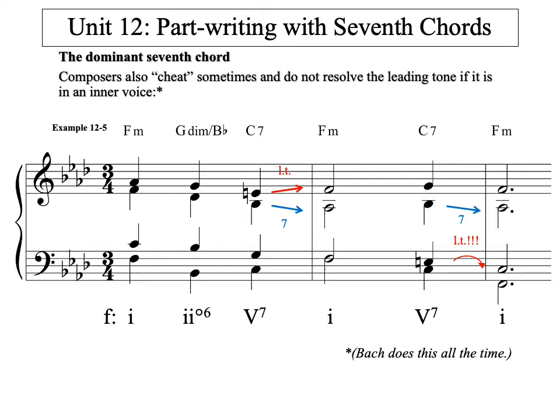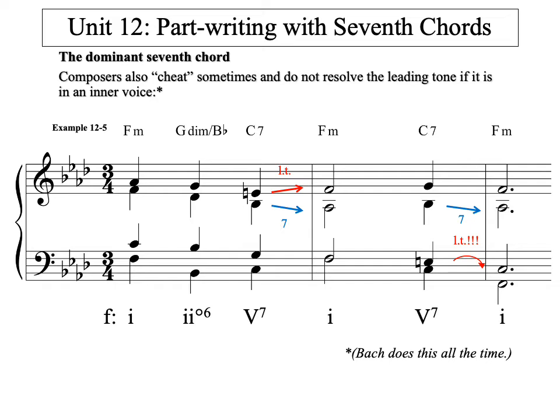Because of course I know you all are sitting out there thinking, surely not every leading tone ever written has gone up by half step to the tonic. And you're right, sometimes leading tones don't need to go up to the tonic, and we get on with our lives just fine. This second chord progression here in the key of F minor actually illustrates how that works. And the basic thing about leading tones is this.